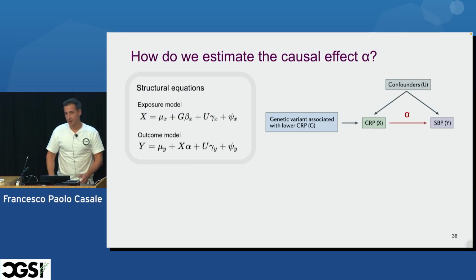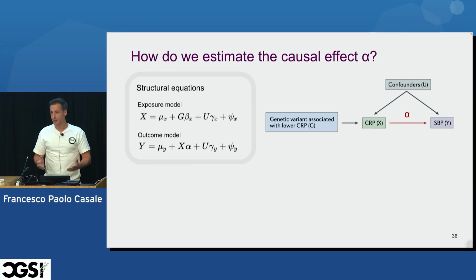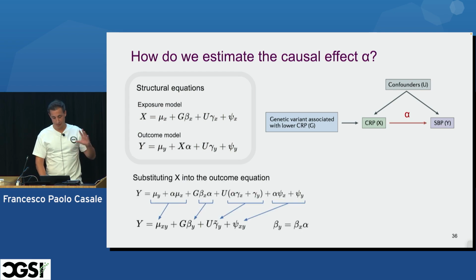Okay, so given these assumptions, how do we estimate the causal effects? So we can write the structural equations for the exposure and the outcome. And then if we substitute the exposure X into the outcome equation, and we do a bit of simplification, we end up with this formula here where I introduce beta Y as beta X times alpha.